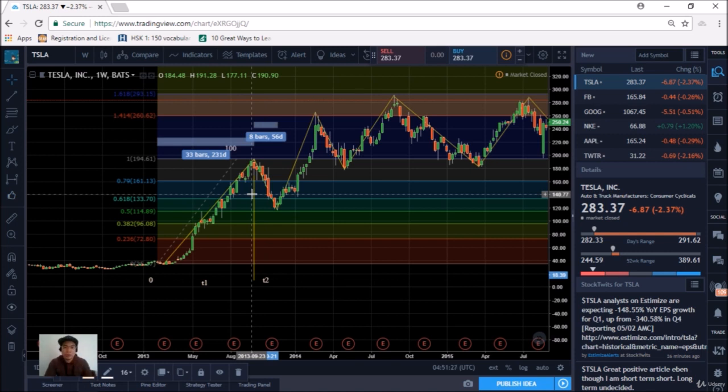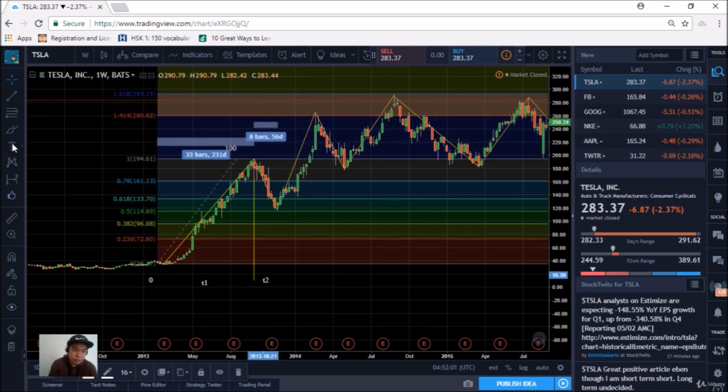Time component number 1 yields a time of 231 days. These bars are weekly bars, and each has 7 days in it. So for time component number 2, the retracement, it took 56 days to go up.